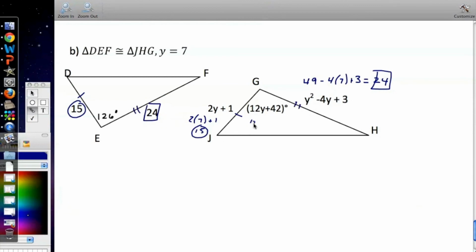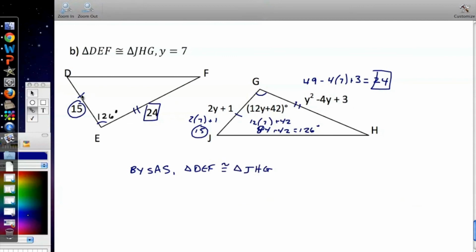And this is going to be 12 times 7 plus 42, which is 84 plus 42, which is 126. So the angle is the same. So I can say by side, angle, side, triangle DEF is congruent to triangle JHG.